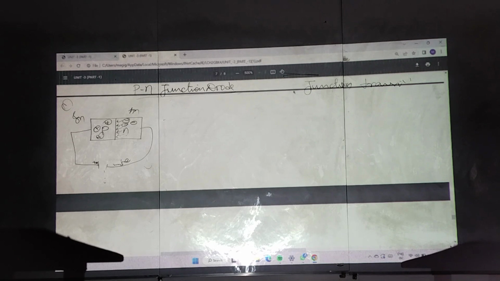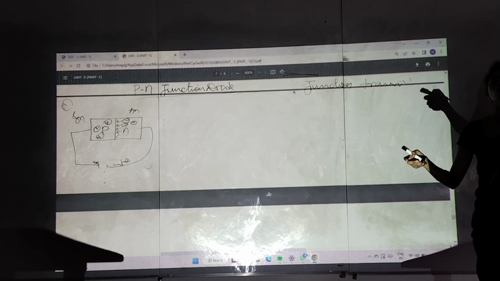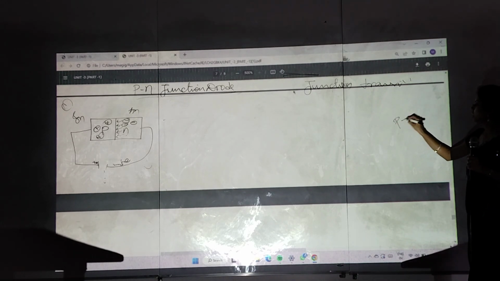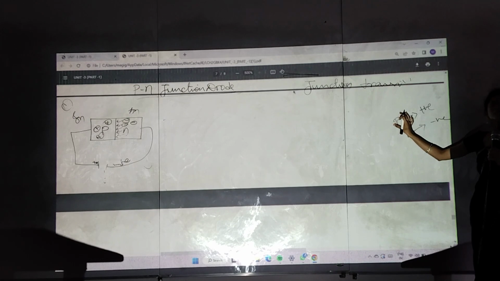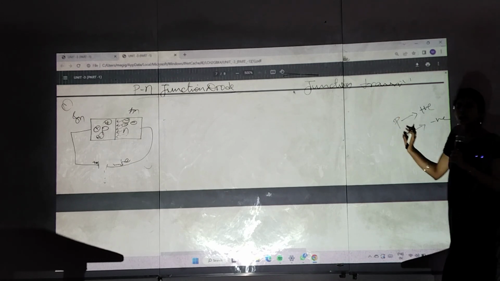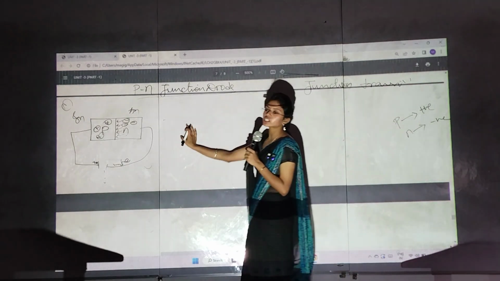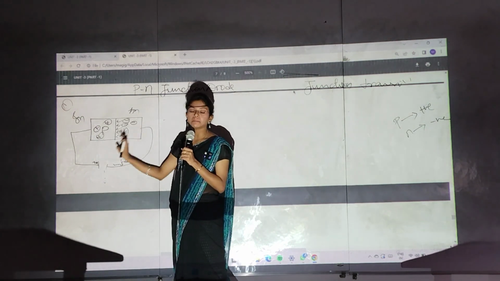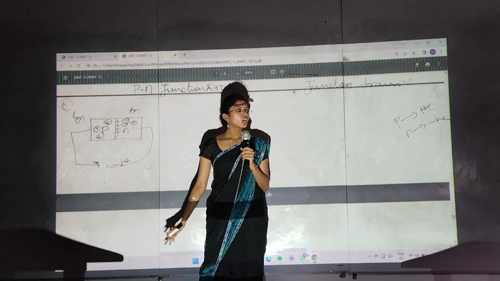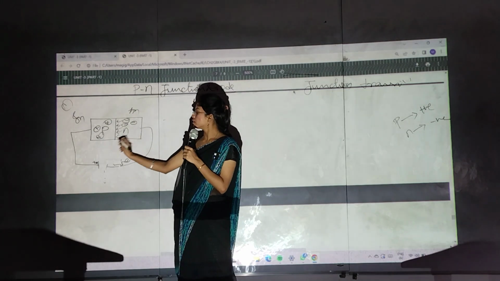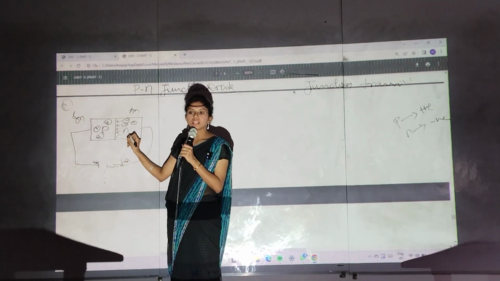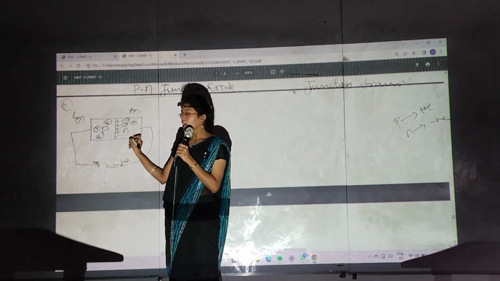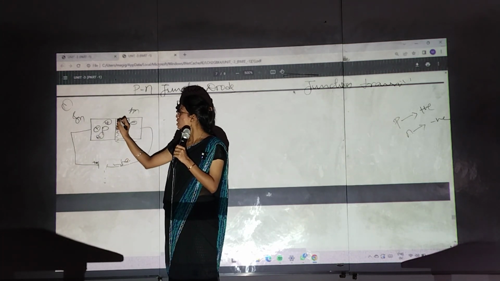P-type should be connected to positive and N-type should be connected to negative. If you connect in this manner, what happens? In N-type my charge carriers are electrons, and in P-type charge carriers are holes. So when the connection is like this, the electrons from the N-type will move towards the junction.